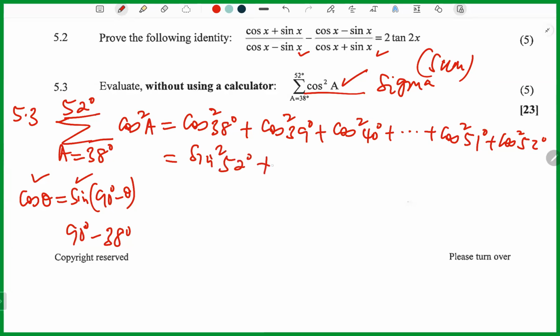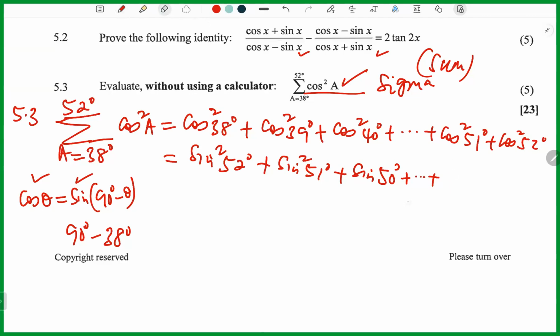And then this is going to change to what? To sine. 90 minus 39 is 51 degrees. And this cosine is going to change to sine. 90 minus 40 is 50. And then this one you can keep.